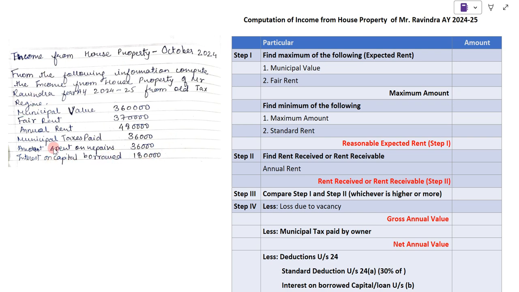Based on this information, we will compute the income from house property for Mr. Ravindra for the assessment year 24-25 as per the old tax regime.